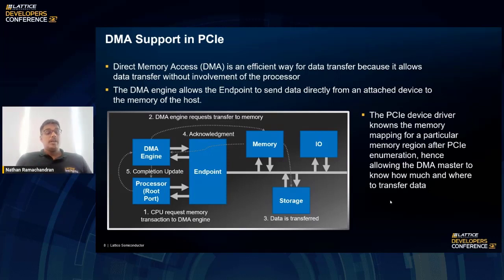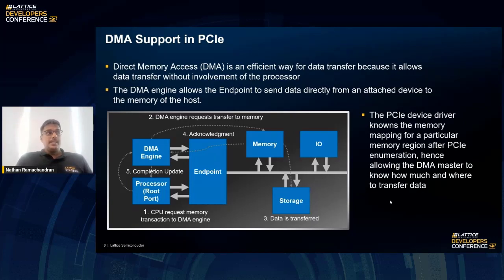Okay, so this allows the processor to trigger data transfer without its involvement, so it does not take processing power. So why this can be done for PCIe itself is because the PCIe device driver knows the memory mapping for a particular memory region after the PCIe enumeration.